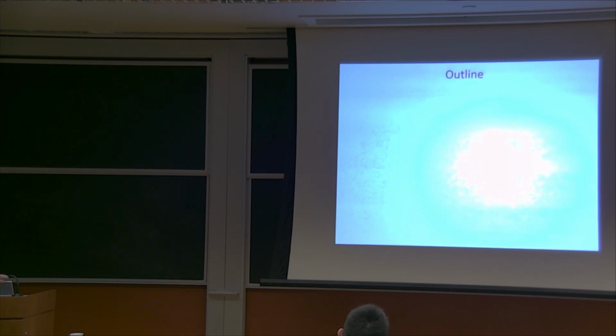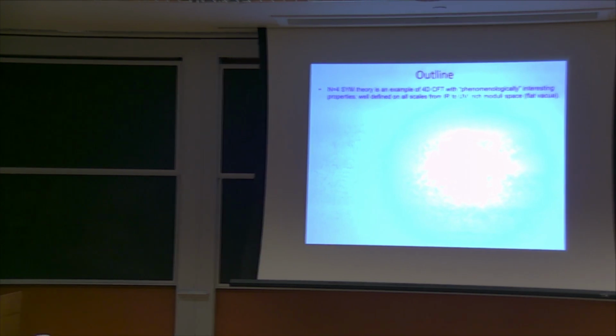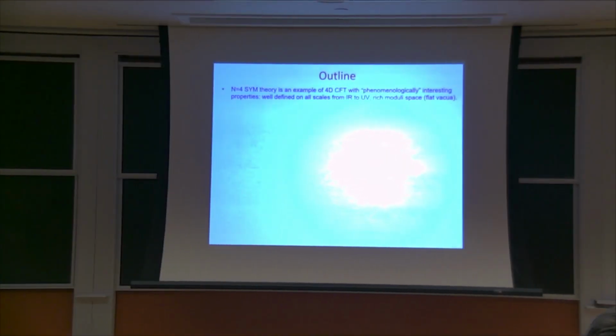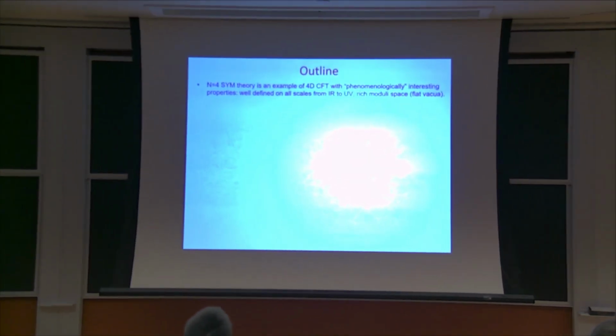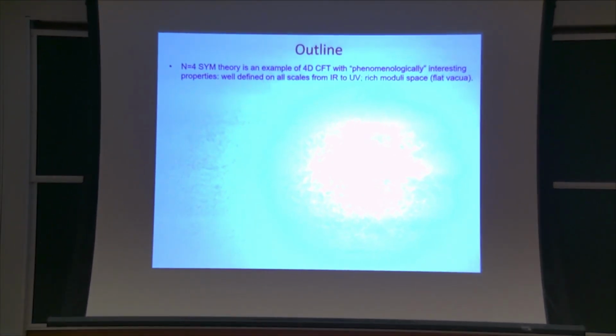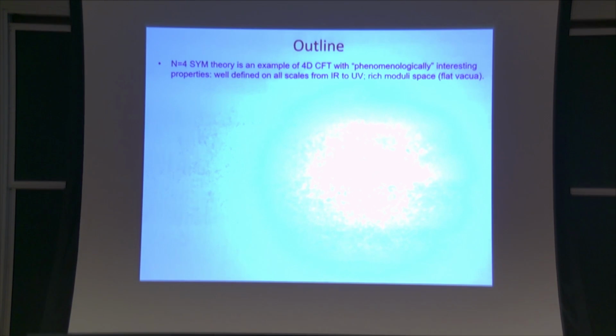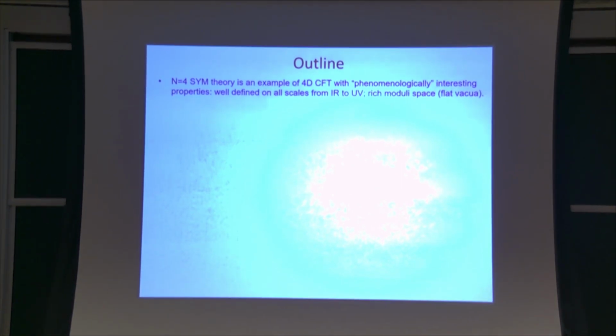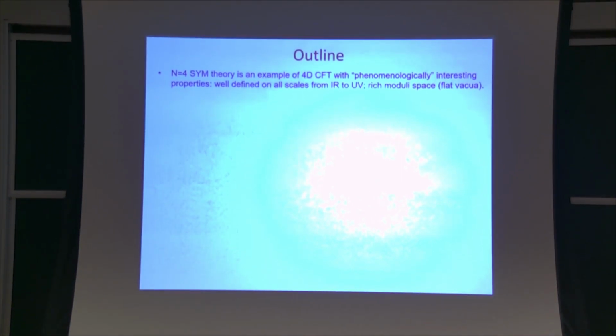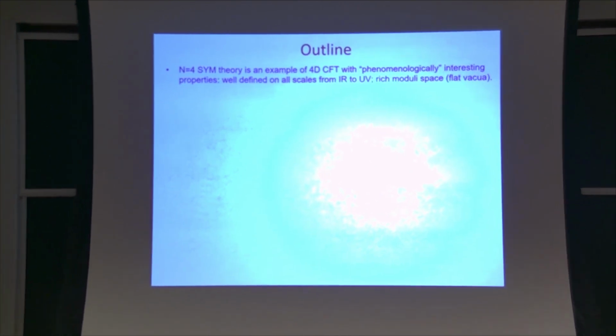Okay, so the motivation is n equals 4 super-Yang-Mills theory as an example of a phenomenologically interesting theory, because it is well defined for any coupling and from IR to UV all the way, and also it has a rich moduli space, flat vacua.